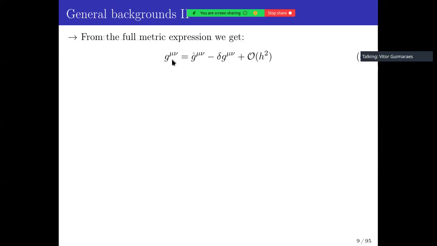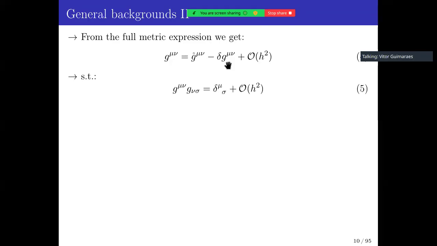So this is the G inverse, which is exactly as we saw earlier in the flat background. This minus sign is here to make sure that when we contract G mu nu inverse with G mu nu, we get the identity matrix.